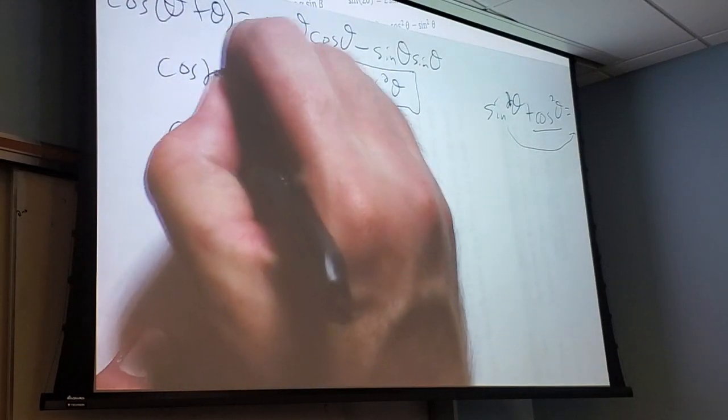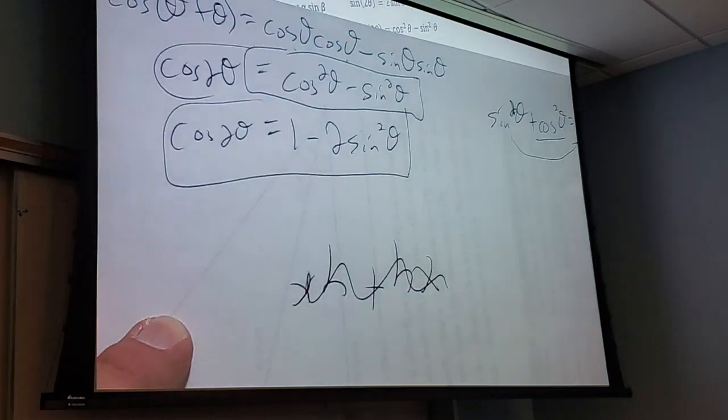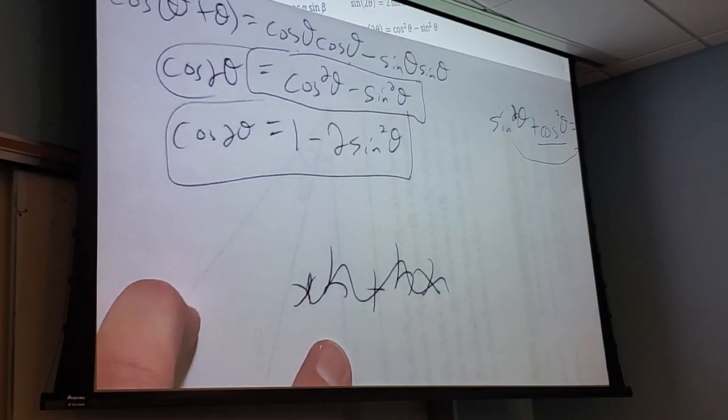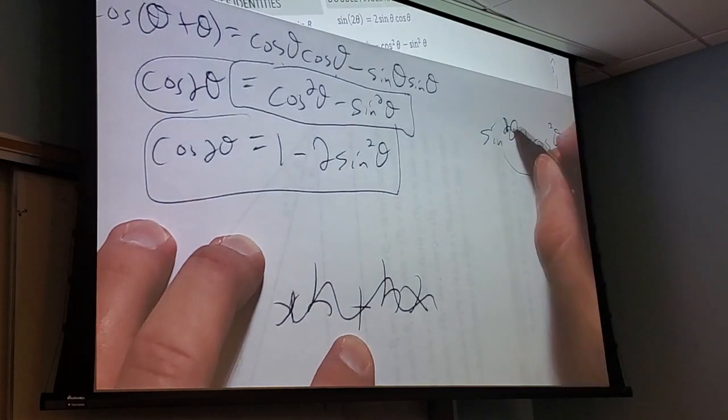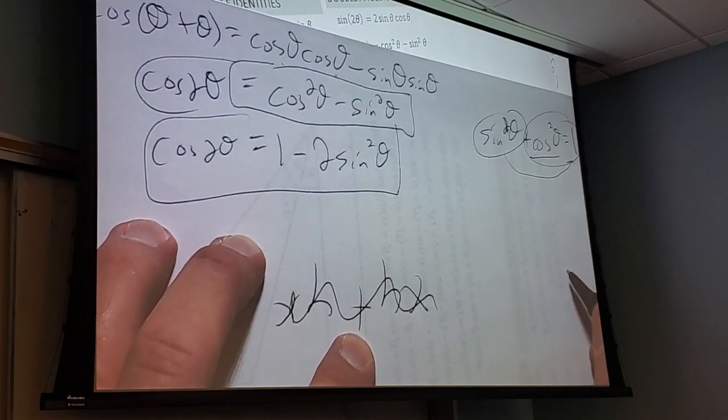That's also what cosine of 2 theta is. So cosine of 2 theta is this. It's also this. And it's also, what the heck? Can't I solve this for sine squared? Wouldn't it just be 1 minus cosine squared?